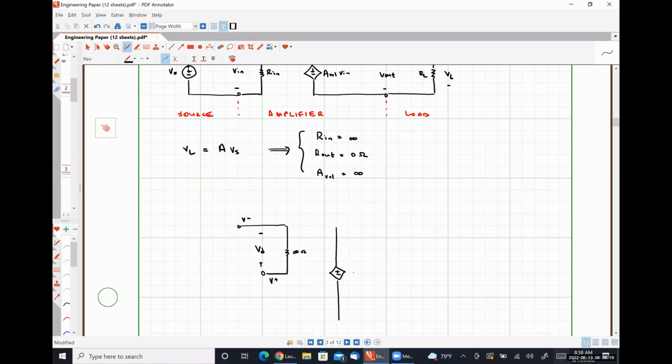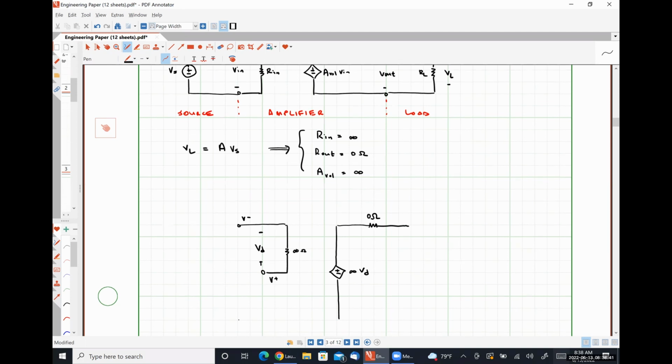Then I have infinity times VD here for my dependent voltage source. I have a 0 ohm resistor here representing the op amp's internal output resistance. Here is my output voltage V out.